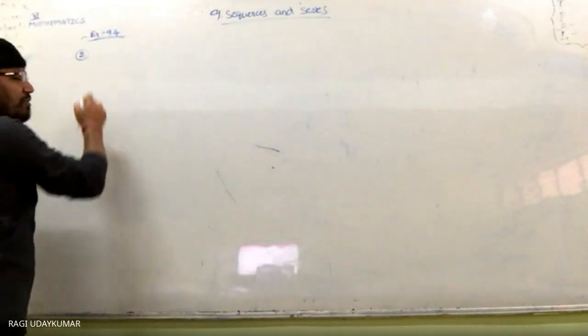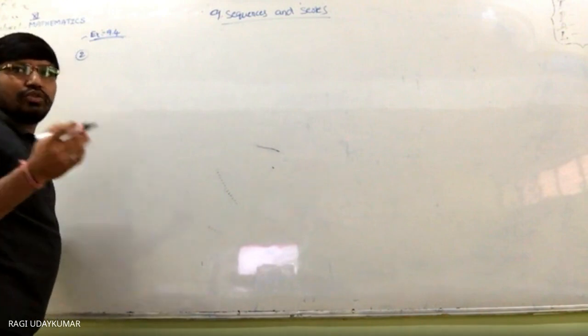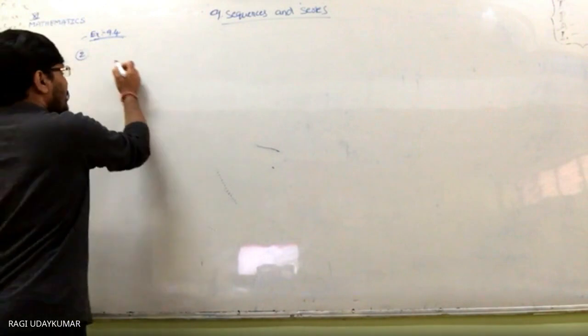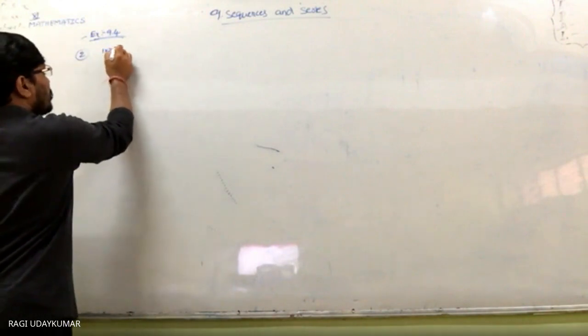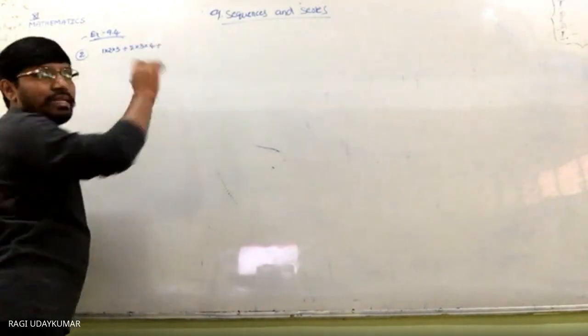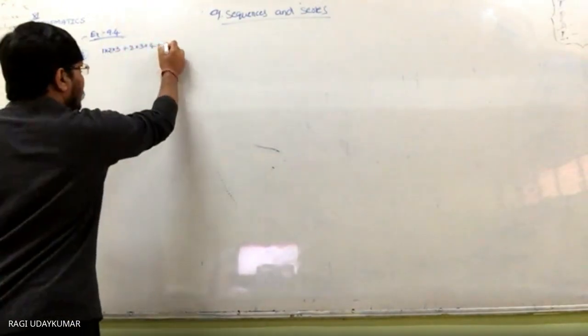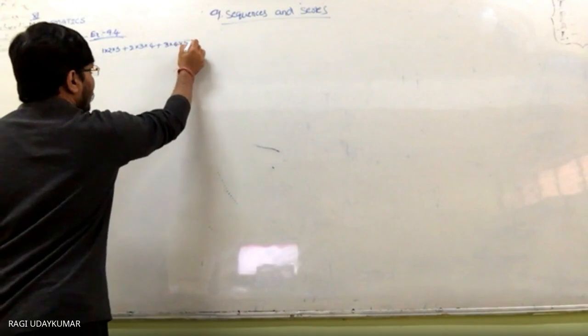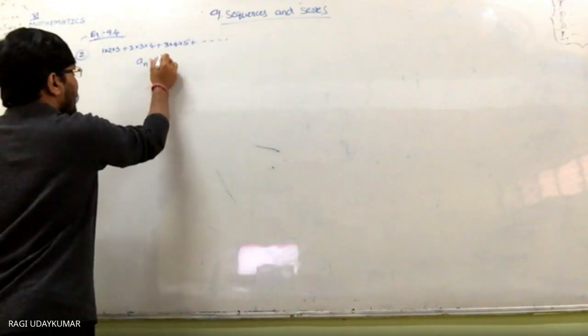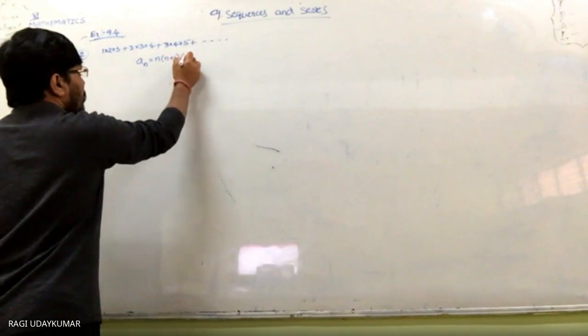So the second problem, if it is given to you, what is given is 1 into 2 into 3, 2 into 3 into 4. What is the nth term? 1 into 2 into 3 plus 2 into 3 into 4 plus 3 into 4 into 5 plus and so on. The nth term is an equals n into n plus 1 into n plus 2.